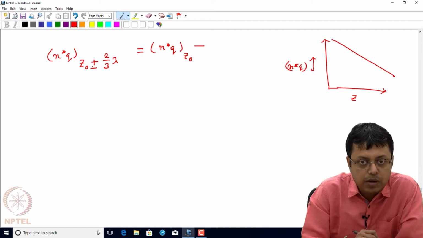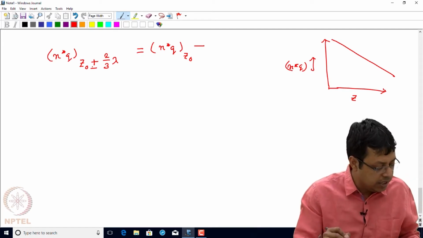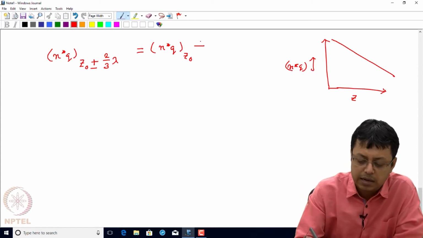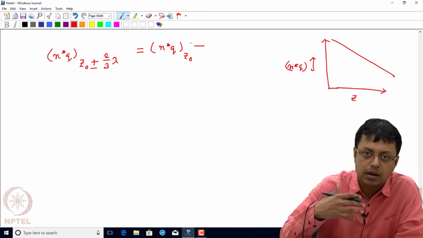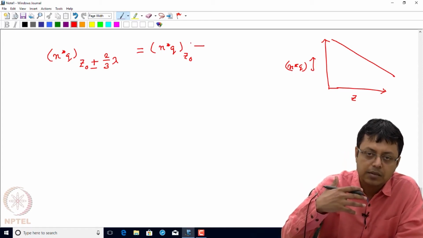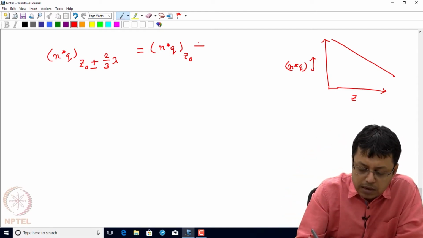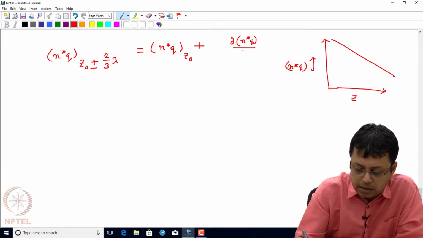For plus we will actually have a minus because the gradient is changing in the positive direction, but we have already taken that into account because we are considering the flux coming from the bottom minus the flux coming from the top. So this is nothing but the rate of change, and the rate of change is nothing but the slope, or the gradient along z.